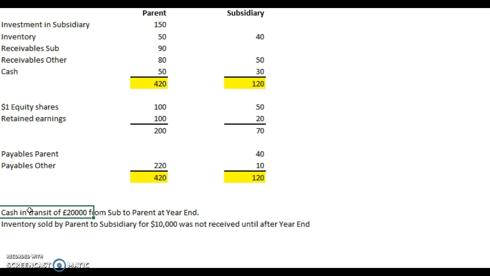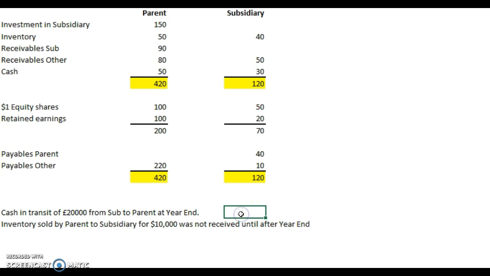And when we consolidate, we need to just tidy those up. Also, of course, if there's goods being sold from one entity to another, they can just be cancelled out. We'll look at the profit aspect of that in a moment. But for now, it's just cash in transit or goods in transit and cancelling off transactions. So let's have a look.